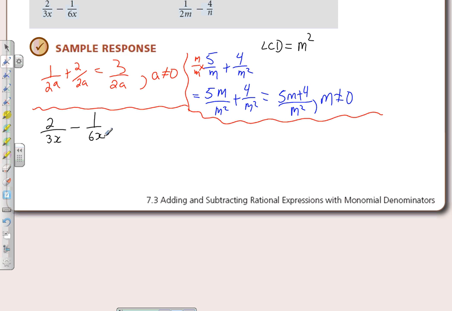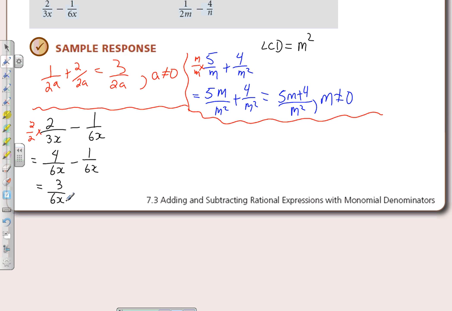So I just need to multiply the first term by 3 to be able to get to a common denominator. Oh, sorry, by 2. Which gives us 4 over 6x, good, minus 1 over 6x. And now we can just subtract 4 minus 1 gives us 3 over 6x.